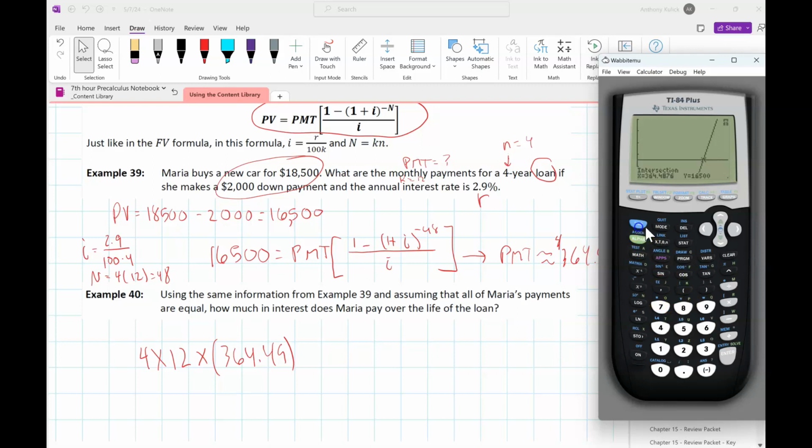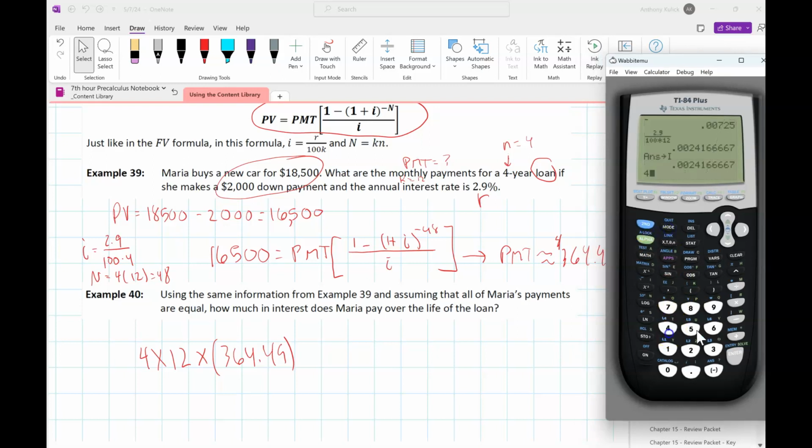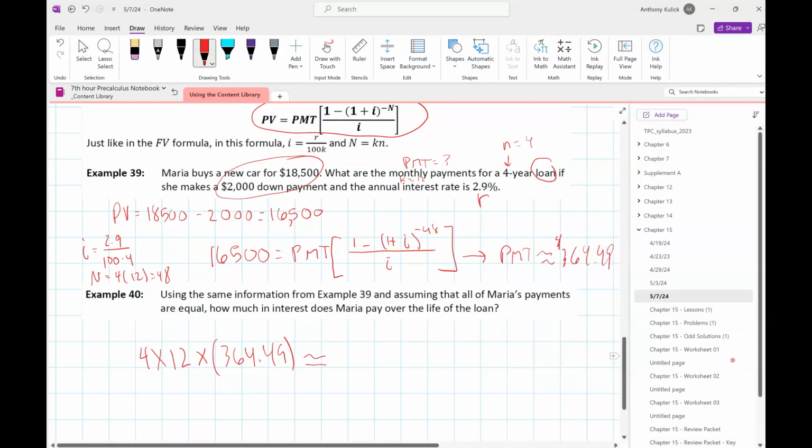So let's do that. So $17,495.52. Okay, so that's how much she ended up paying the bank.